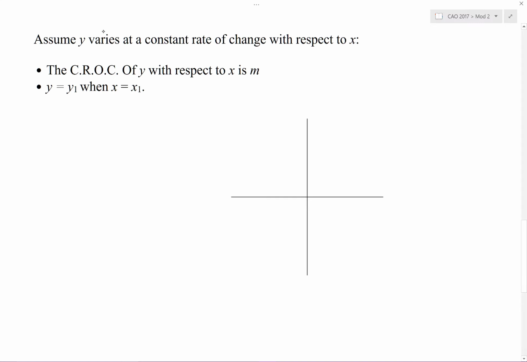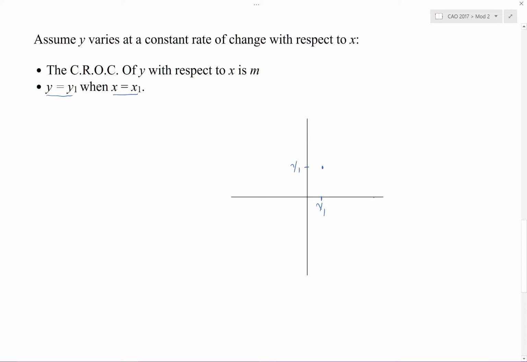So let's assume y varies at a constant rate of change of m with respect to x, and we'll assume that y equals y1 when x equals x1. So we'll just plot some arbitrary values, so we'll assume x1 is right here, maybe y1 is right here. So we have a reference point, x1, y1, and y varies at a constant rate of change of m with respect to x.